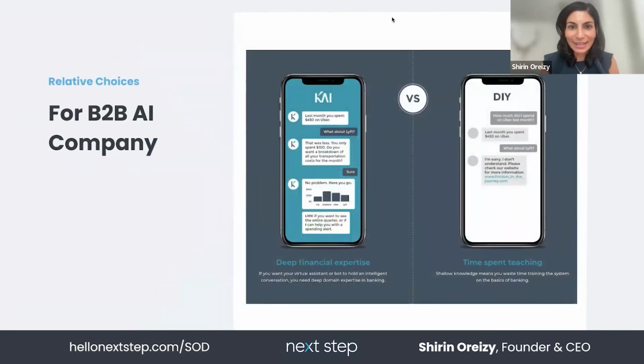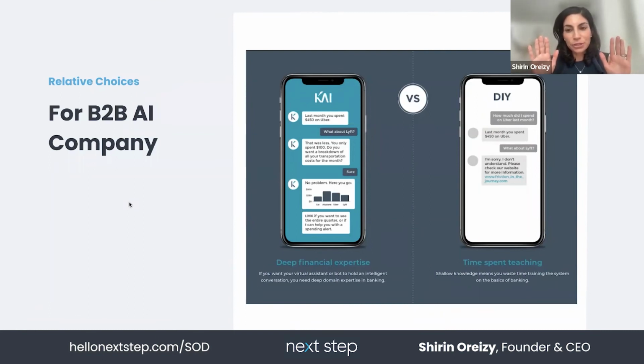And finally, the last example I'm going to share with you is for a B2B client of ours. They're an AI solution. They work with big banks. And we wanted to show the power of their AI solution. So instead of talking about random features of the AI solution, we kind of pitted their solution against what the competitor would be, which is like building it in-house.